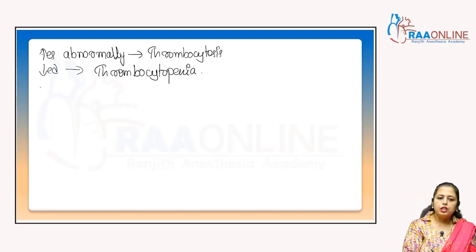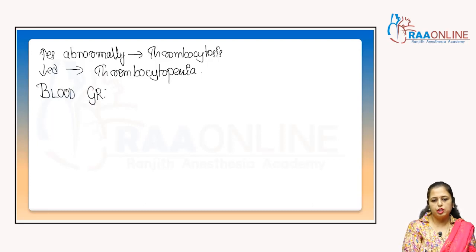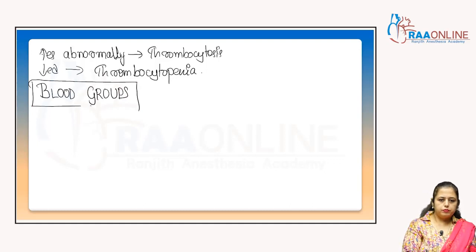Clear? Now come to the blood groups. They are very, very important from the examination point of view. What are the blood groups? They are genetically controlled antigens and antibodies.